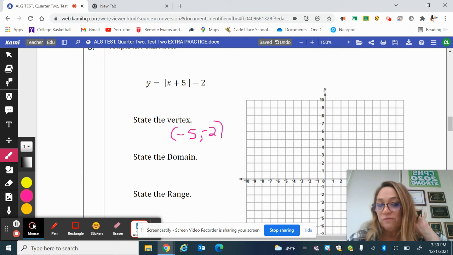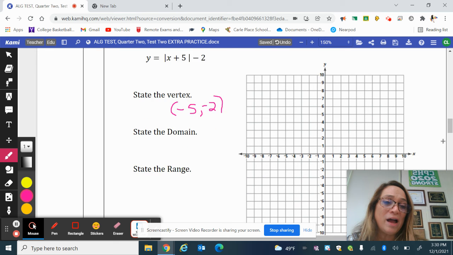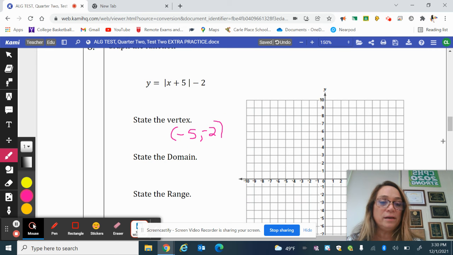And that comes down to the formula. It is x minus h inside the absolute value bars, and then after it's plus k. So that's the vertex. And again, you can use your graphing calculator. If you don't feel confident, that's okay. Use your graphing calculator to help you build that confidence.